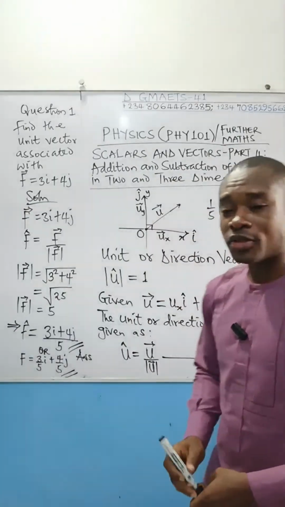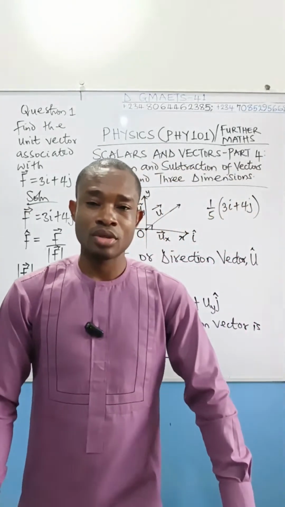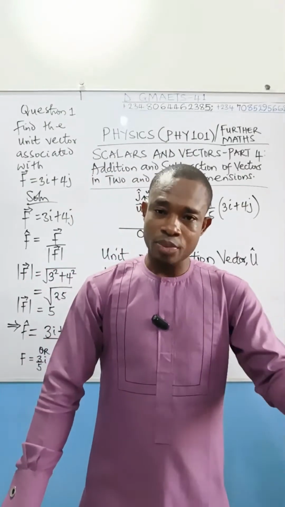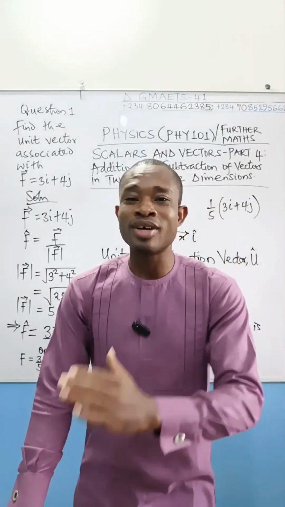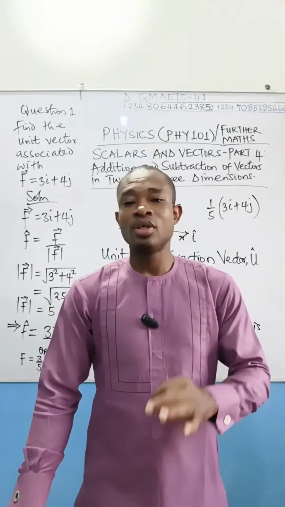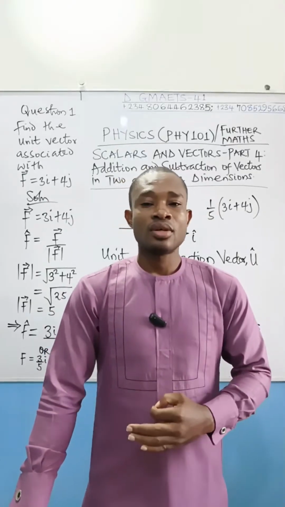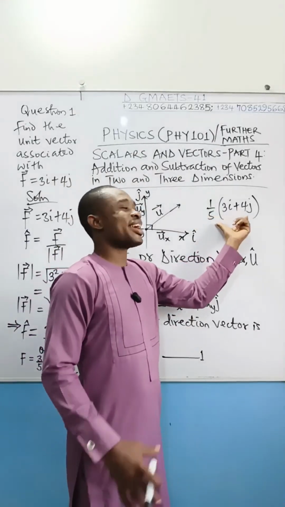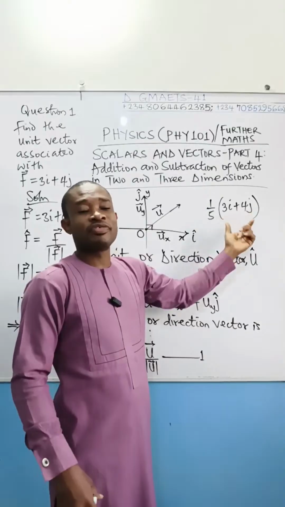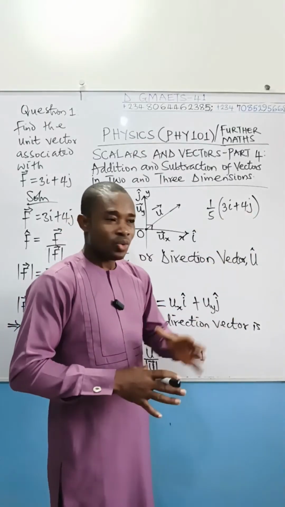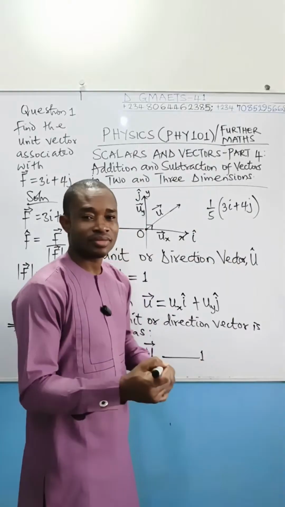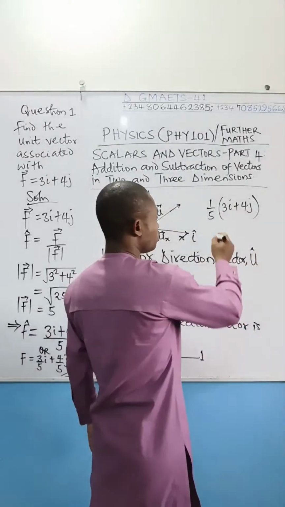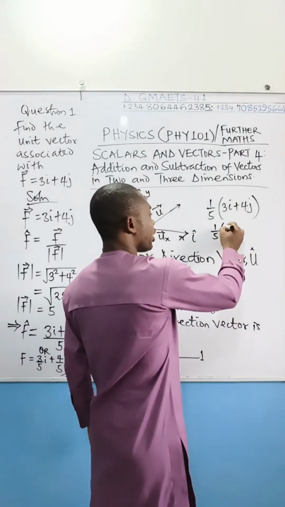And finally, let me show you something that some examiners can also do. Remember, all of these, they have the right to propose such question or options for you. So that is why you should understand the various ways in which the options to this type of question can be given. I can decide to just extract the scalar component of this vector only, without showing the unit vectors i and j. So all I have to do is 1 over 5, open bracket, 3.